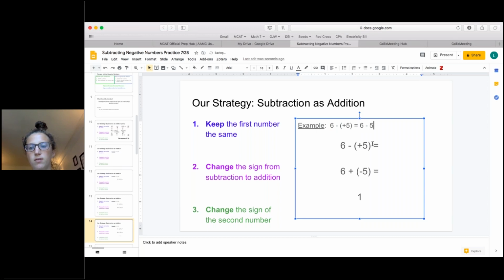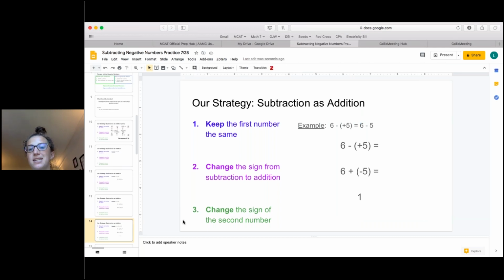What you were really given was 6 minus 5. It was a simple subtraction problem. You could have solved it as subtraction and said that 6 minus 5 was 1. Would have even been faster. But any subtraction problem at all can be rewritten as addition, like we just did here. And sometimes that's easier in case the subtraction confuses us.